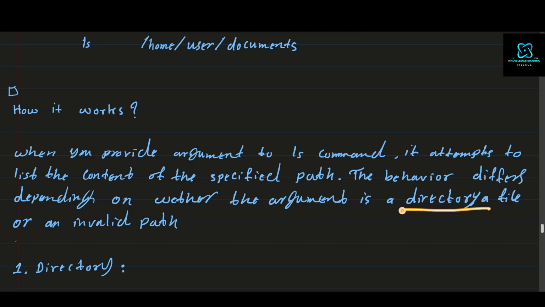If it is a directory, you will get one type of output. If it is a file, then you will have another type of output. If it is an invalid path, then you will get another type of output. The output will differ depending on what kind of argument that you have passed: a directory, a file, or a path that does not exist.